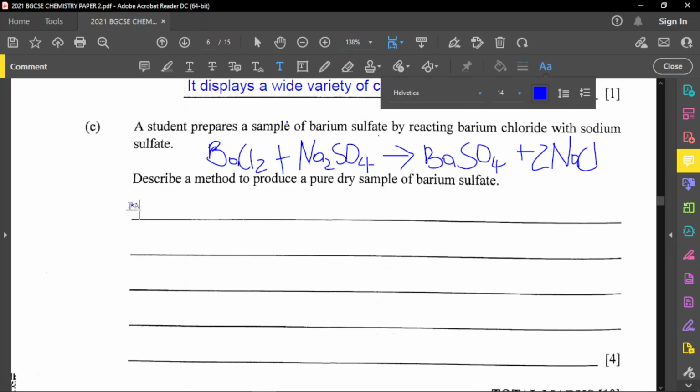As the first point, the first thing you need to do is, let me give you information here: since barium sulfate is insoluble, while sodium chloride is soluble, what you're going to do is pour some water over both of them.